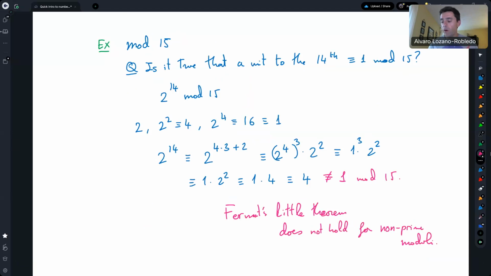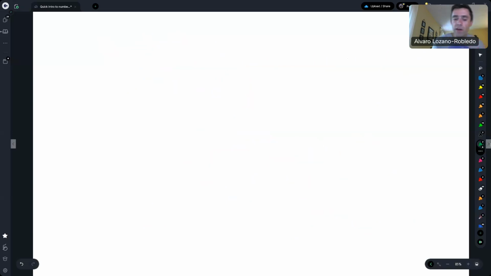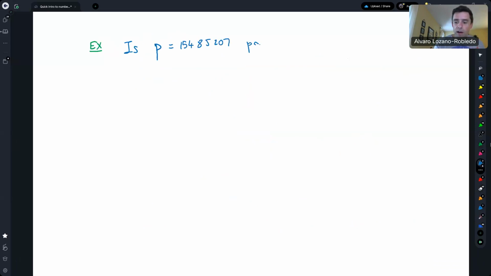This, by the way, also gives me a way of checking primality. So, for example, is the number 154852007 prime? If so, by Fermat's little theorem, we would have that 2 to the p minus 1 has to be 1 modulo p.